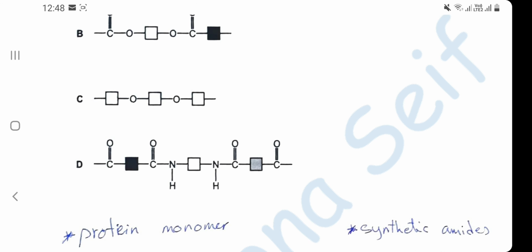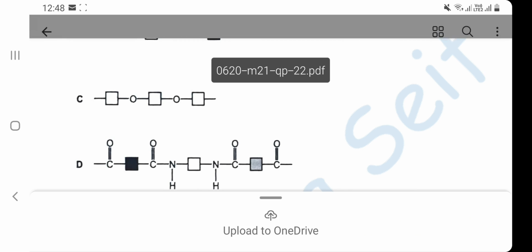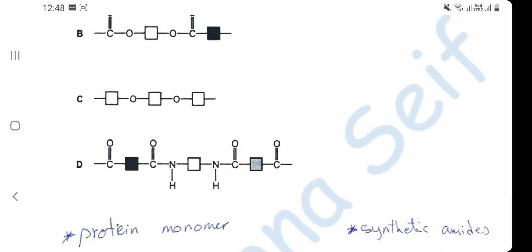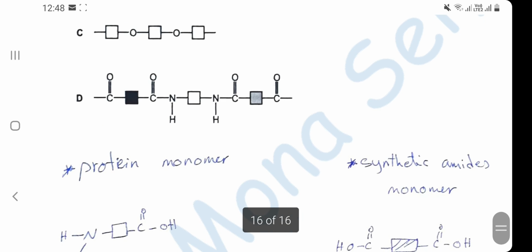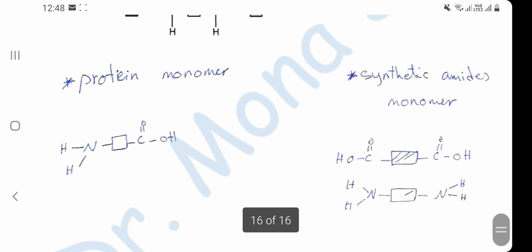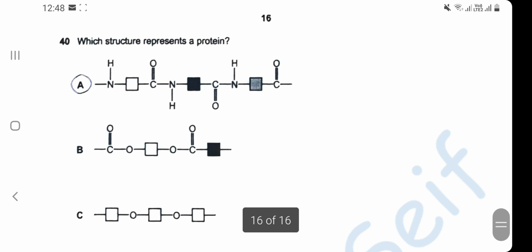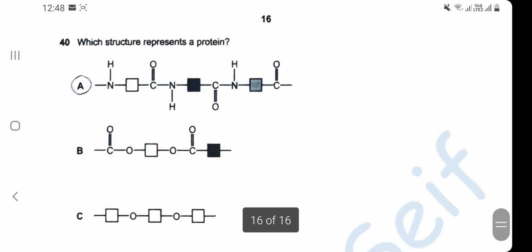The first black one has two carboxylic groups, the second white monomer has two amino groups, one on each side. So this is a synthetic polymer, made from these types of monomers, which have the same group at both endings. But in the protein polymer, you will have each monomer with different groups at both ends. This will be the answer A.